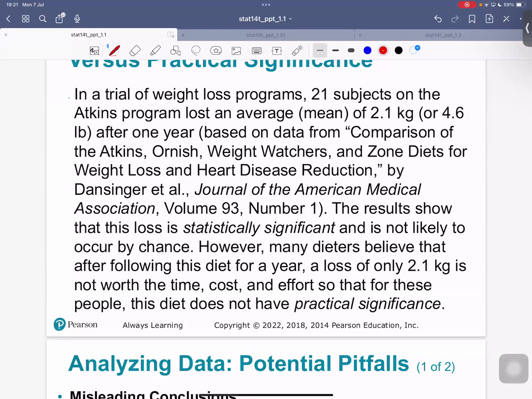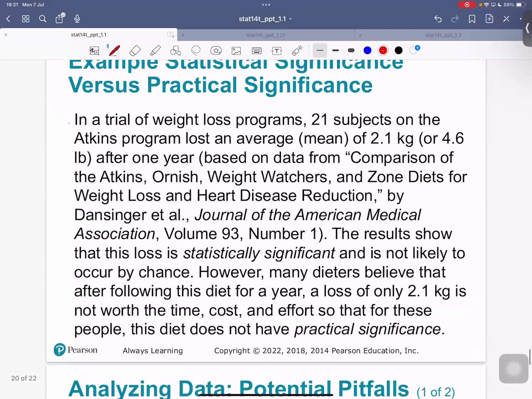So the number of participants, in this case, is 21, right? The result is, on average, they lost 2.1 kilograms after 1 year. And we all agree that this is statistically significant, because if we lost 2.1 kilograms after 1 year following this diet program, then it's unlikely to occur by chance.